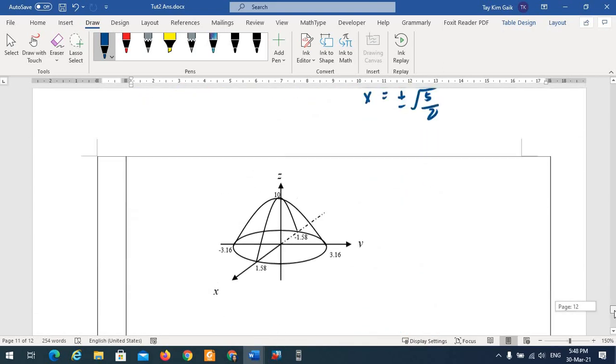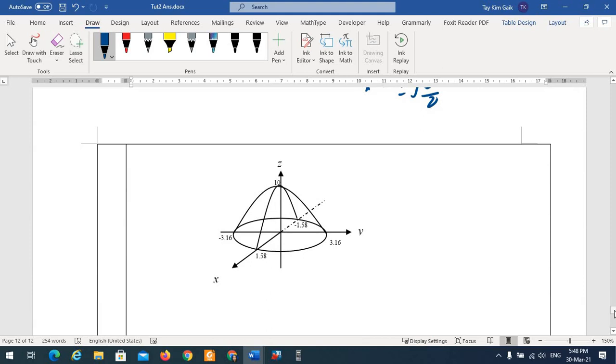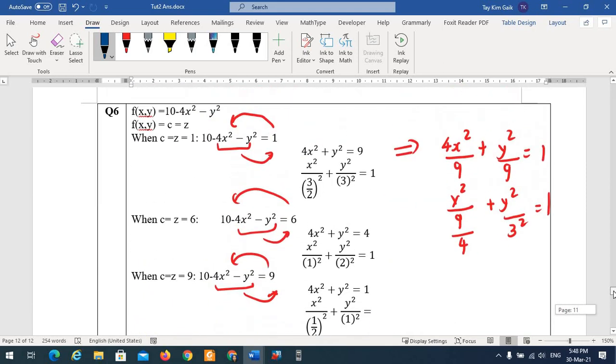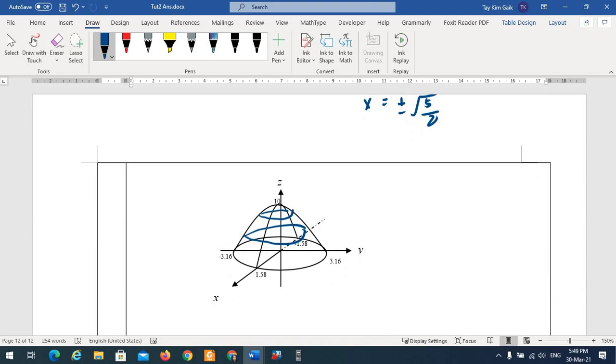Then if you want the contour line, raise up this one. If you want the contour line, it's actually at the position scale of, for example, let's say this is Z equal 3, Z equal 6.